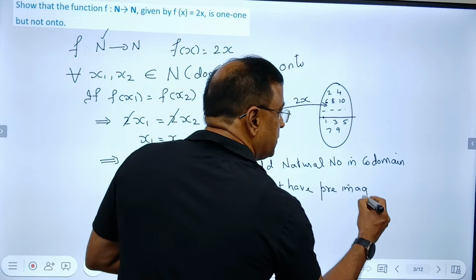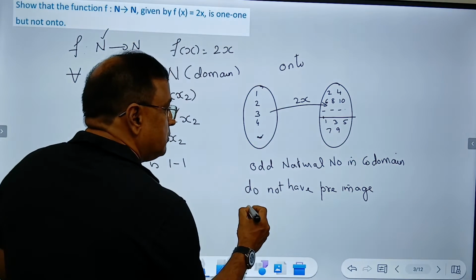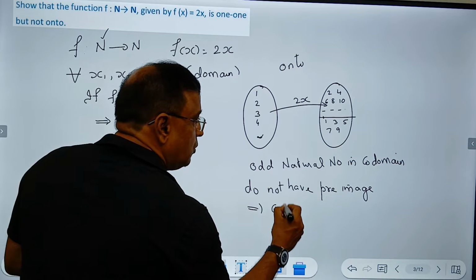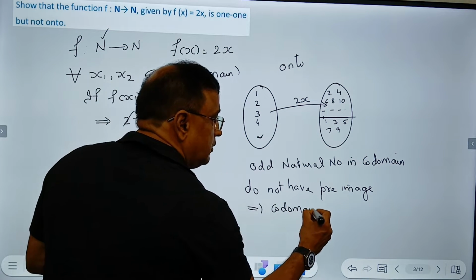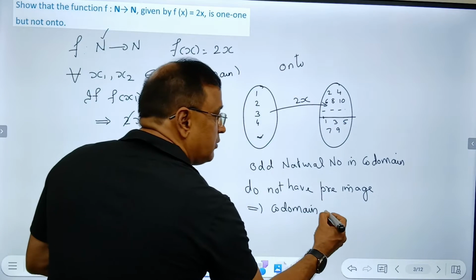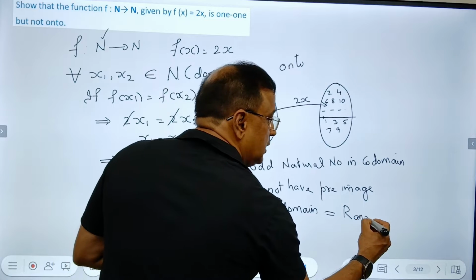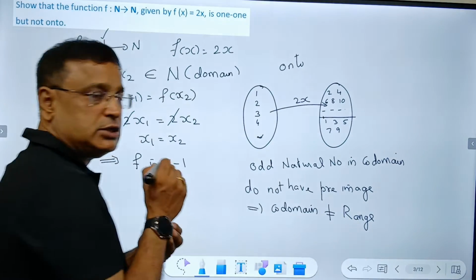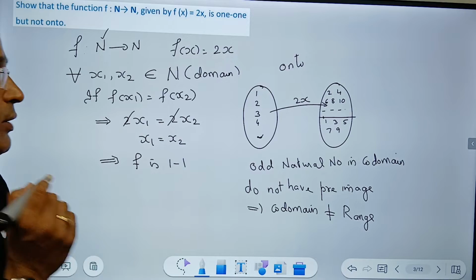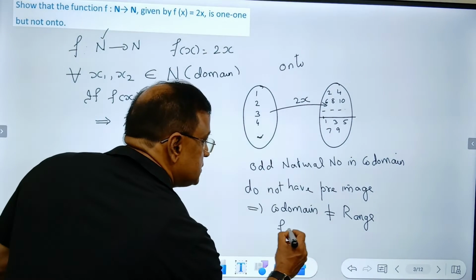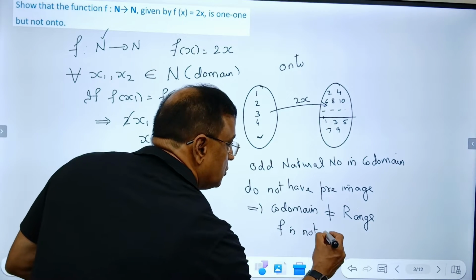That means they are not mapped. This implies we can say clearly the codomain is natural numbers, whereas my range is only even natural numbers. So clearly codomain is not equal to range. Since the codomain is not equal to the range, f is not onto.